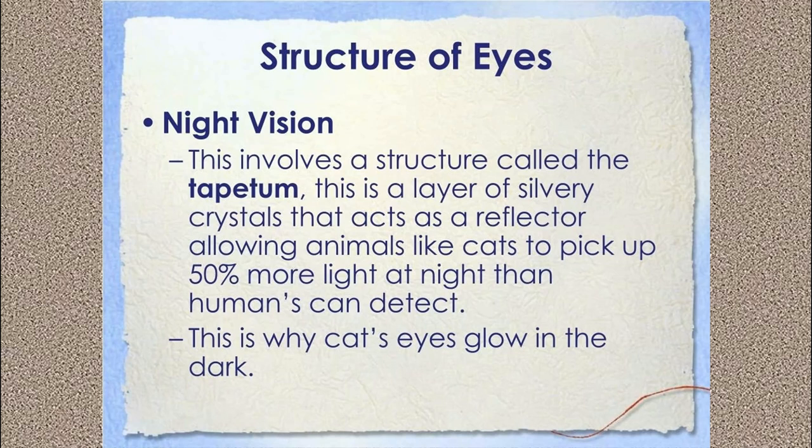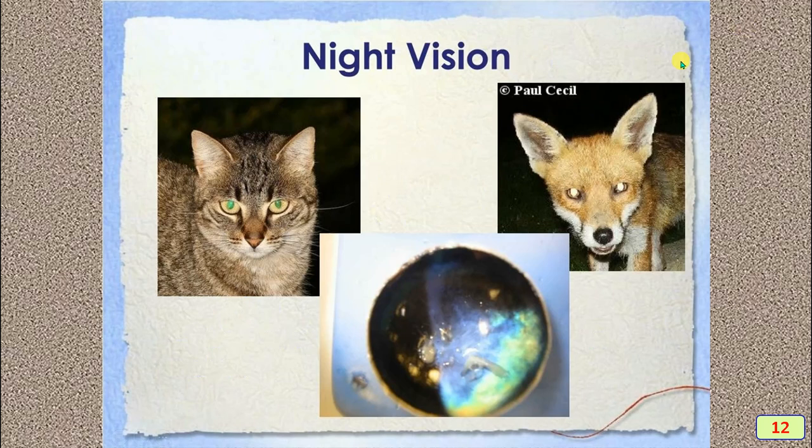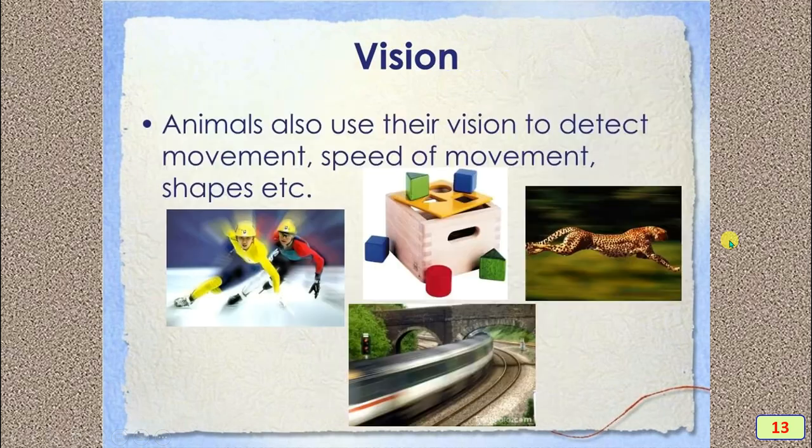Animals in which the tapetum is present, like owls, have this too. Night vision, especially in cats, is very special, and they have glowing eyes. A few dogs also have good vision to detect movement and speed. The cheetah has very good vision for speedy movement.